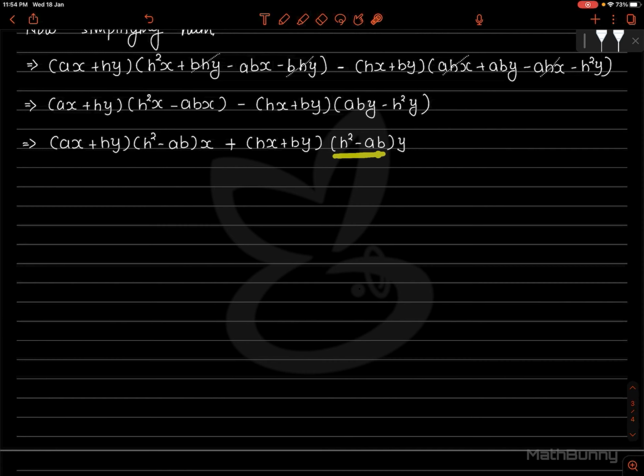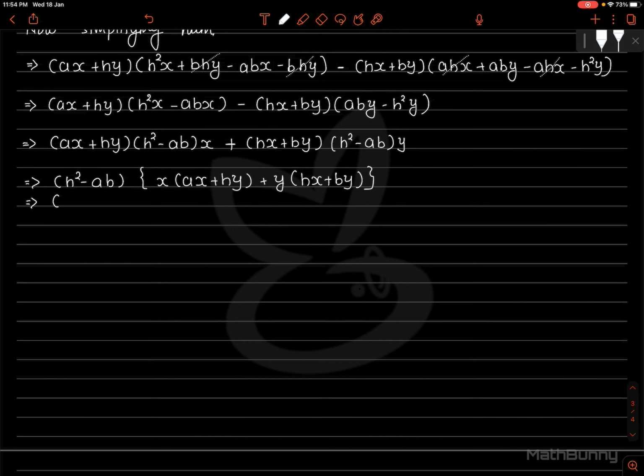So these both terms have the same factor. We can take them out as common: (h square minus ab) into (x into (ax plus hy) plus y into (hx plus by)).